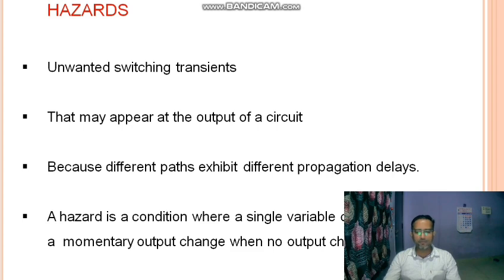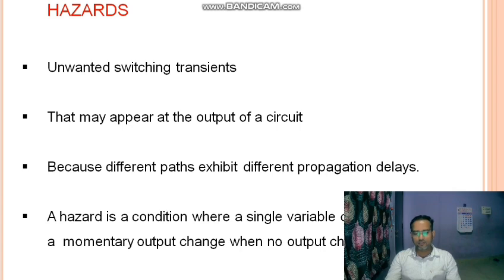The input variable changes and the output also changes for a moment. I already told you, a 0 transition goes to 1 and a 1 transition goes to 0, but the output change should not occur.